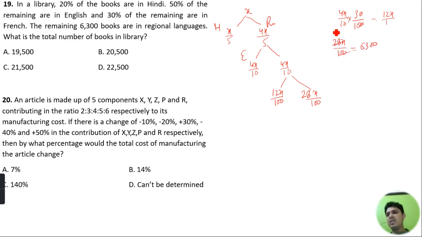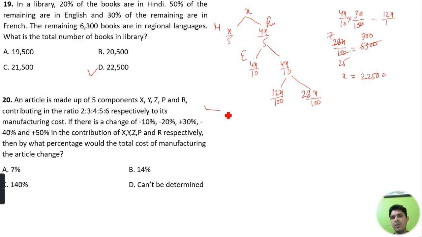And if we further check for the value, this will be 14x divided by... or we can say... right? Hence option number D will be the right option, right?